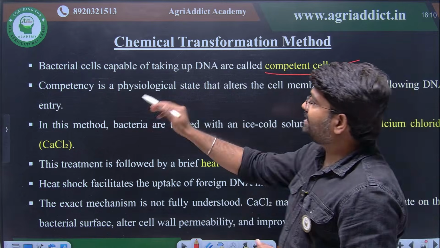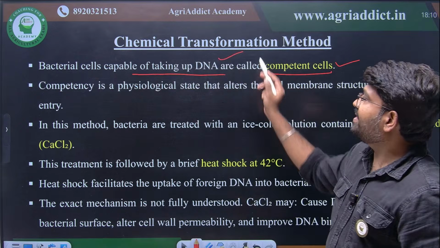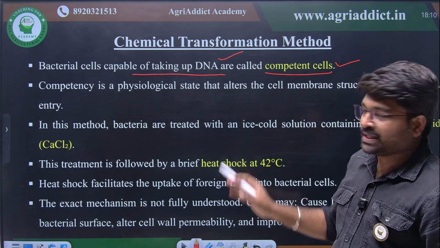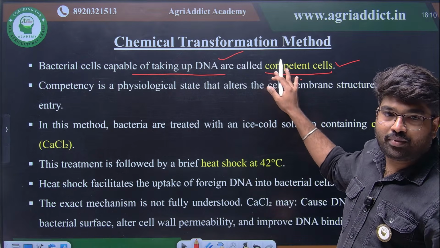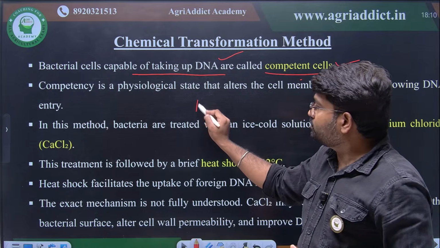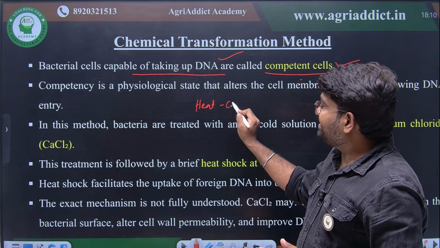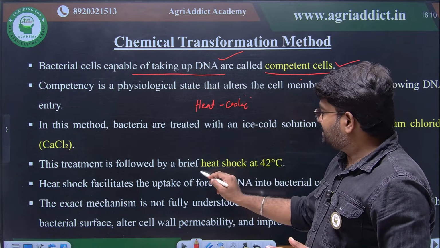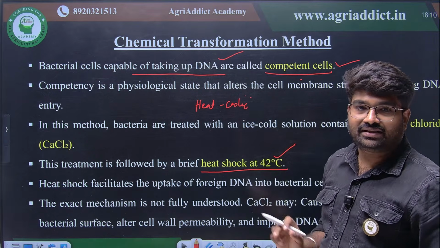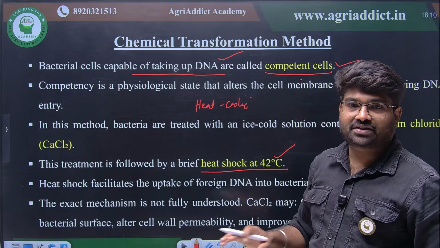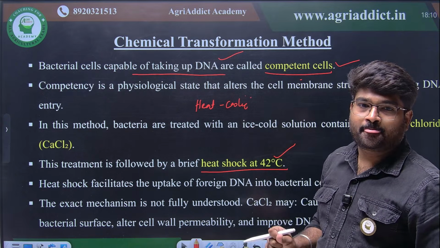Bacterial cells capable of taking up DNA are called competent cells. How will they make this? This is another important question. They will do repeated heating and cooling. Heat shock is given at 42 degrees Celsius, then they will transfer to ice. Because of this, the cell becomes competent.